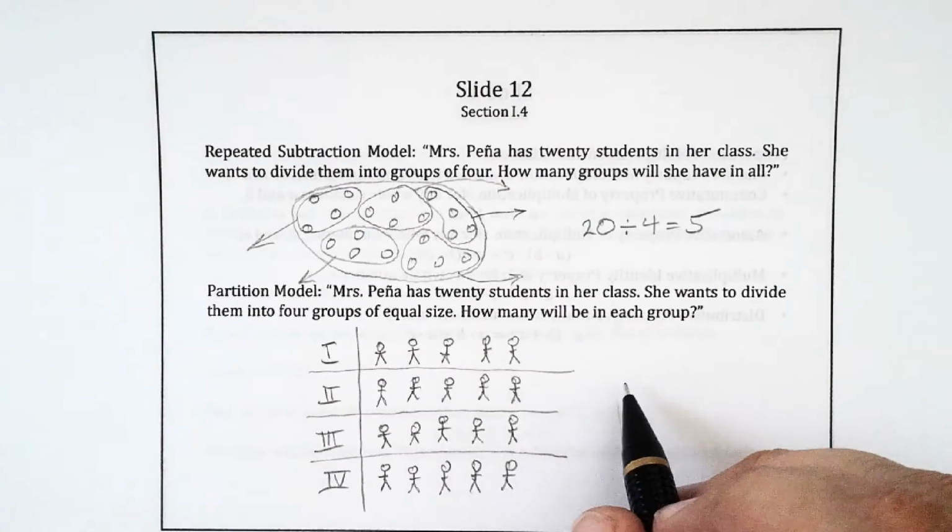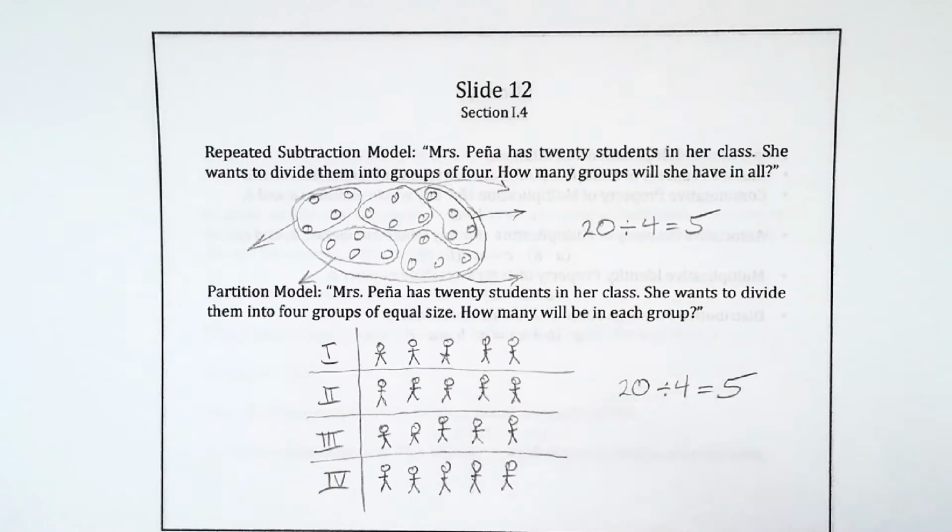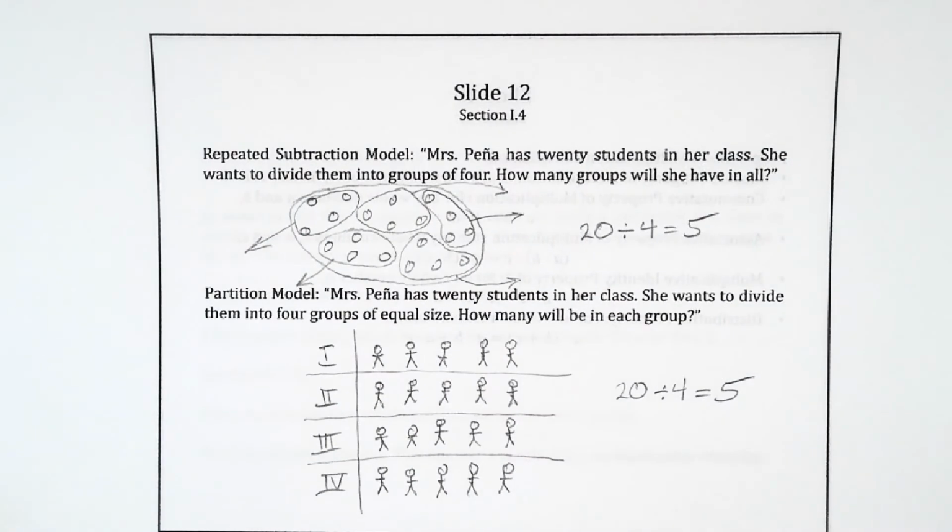So this illustrates 20 divided by 4 equals 5. And that's called the partition model. So remember, don't get these two confused. For repeated subtraction, you're trying to figure out how many groups. In the partition model, you're trying to figure out how big each group will be.